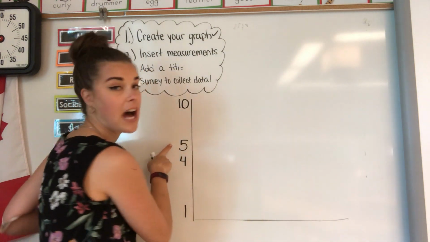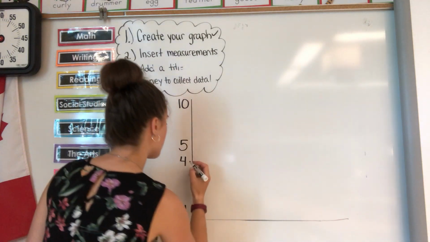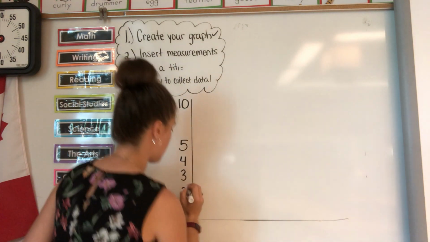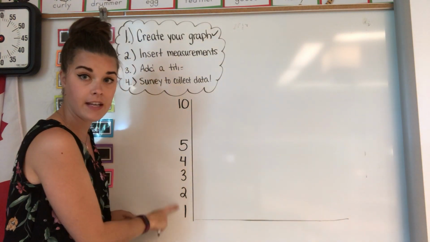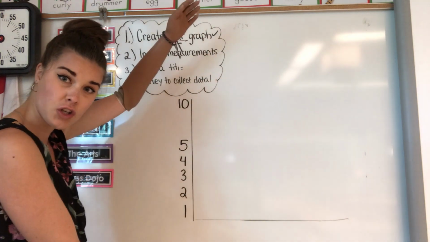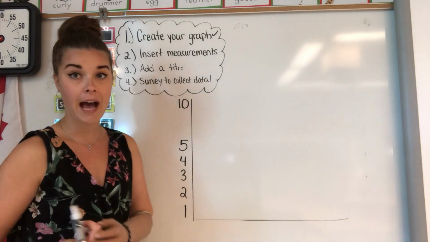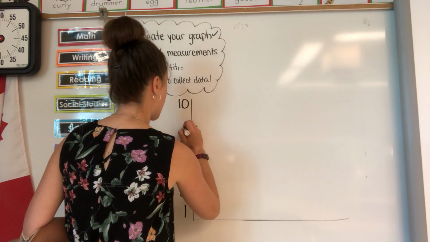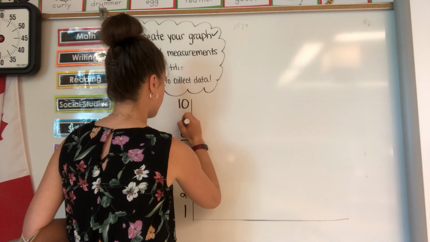I'm going to start at my 5 and work down to my 1 first, again making sure they're really evened out. If you find that they're getting squished or it's too spread out, go back, erase and try again. Then I'm going to go up from 5: 6, 7.